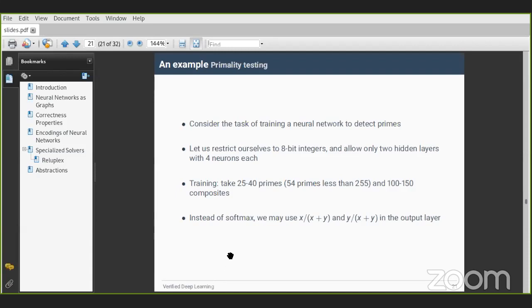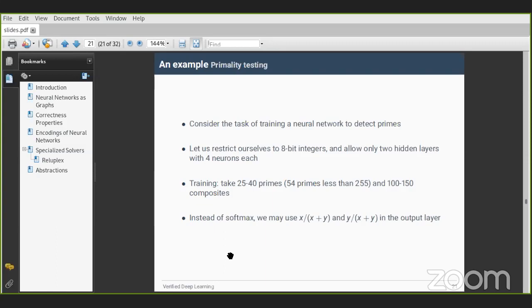So this is how my network looks. I have 8 neurons in the input layer, then 2 hidden layers with 4 neurons each, and then a y1 and y2 like I had in the last slide, for classifying whether the number is prime or composite.